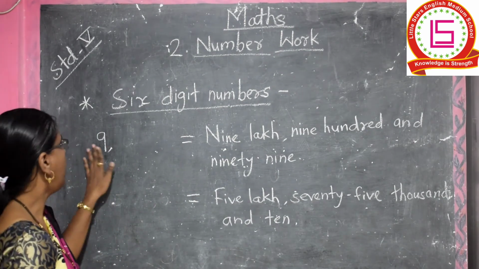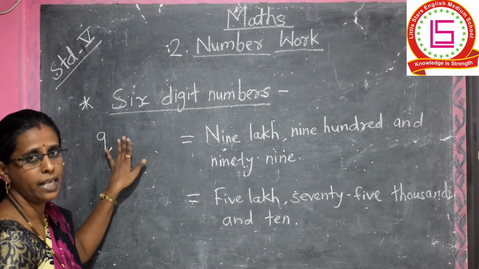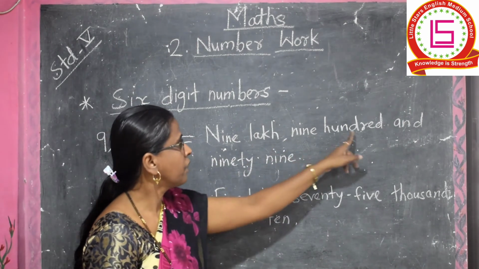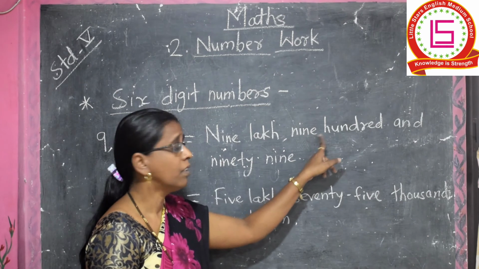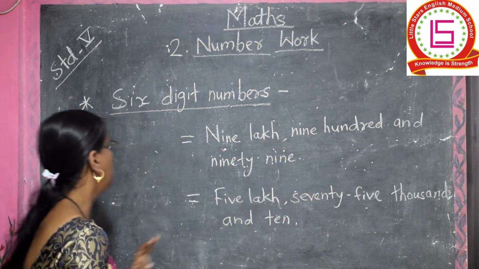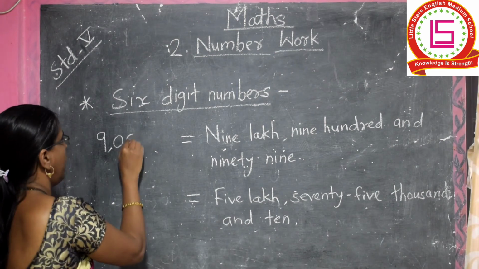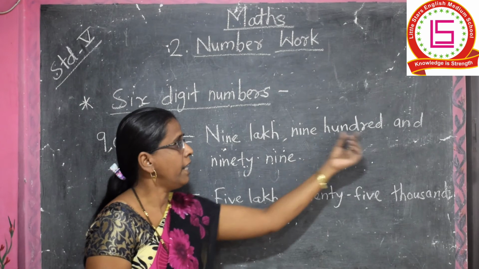Okay, then after lakh, the 10,000 place is coming here, 10,000 and 1,000. Then see here, is a 10,000 or 1,000 number given in the words? No, so we write 0 at the 10,000 and also the 1,000 place. Okay, then after that 900 is coming.